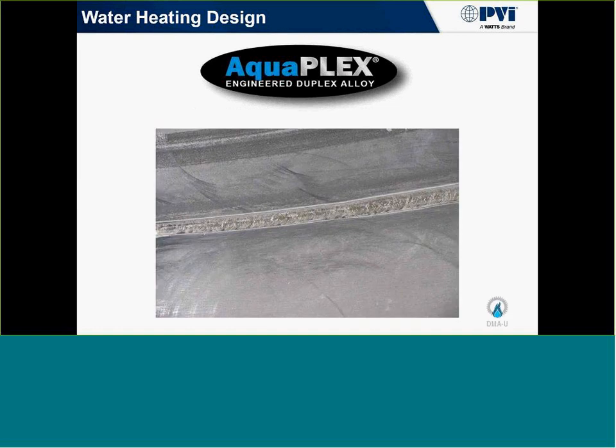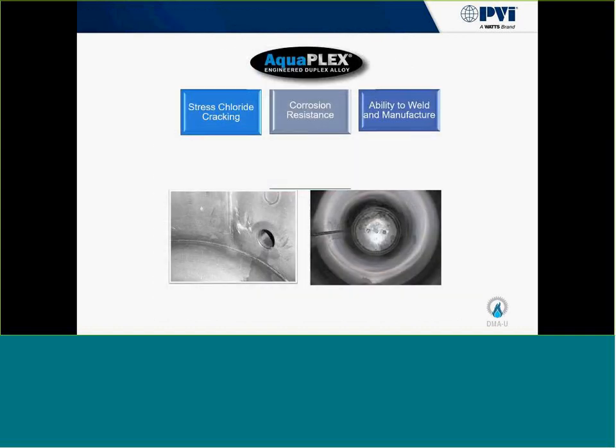And here's a picture of the weld, and then also what it looks like after the pickling and passivation. So this makes the entire tank protected against stress chloride cracking. It's very corrosion resistant. And this tank picture itself is actually after it's been in use.